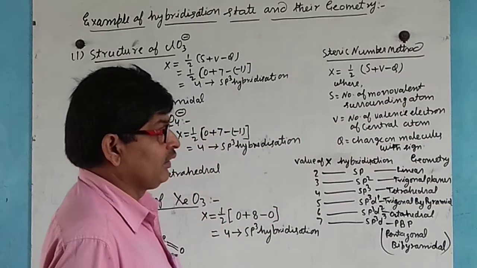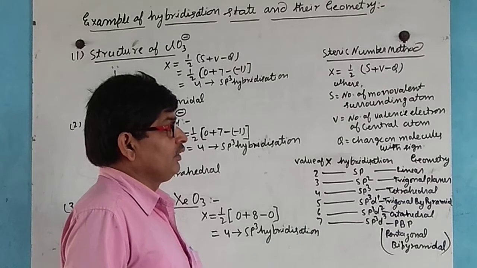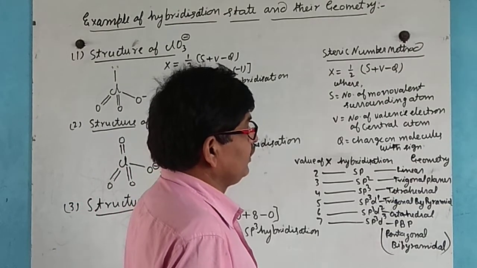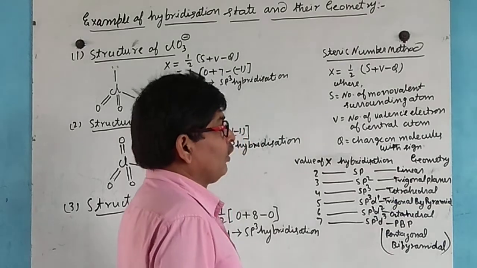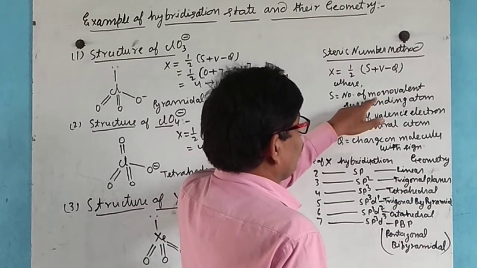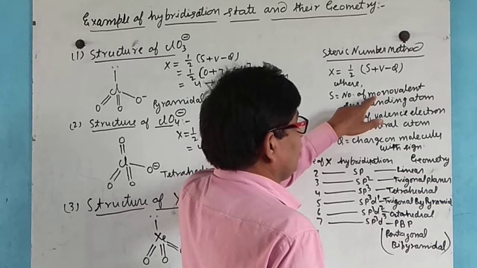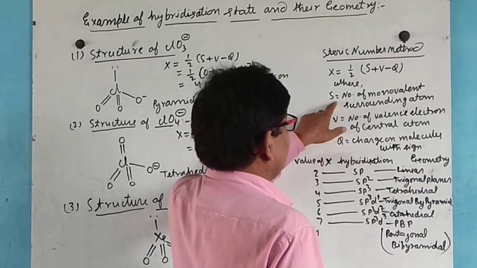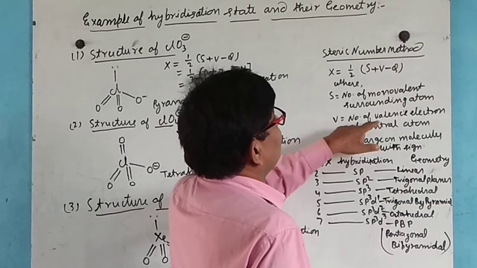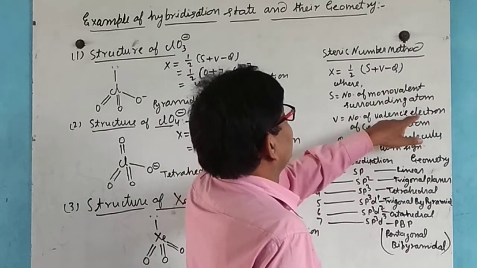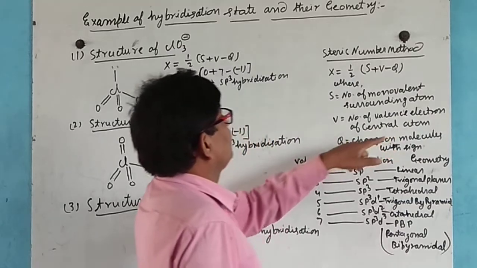Elements can be monovalent, divalent and trivalent; an element with valency 1 is monovalent. V is the number of valence electrons in the central atom.